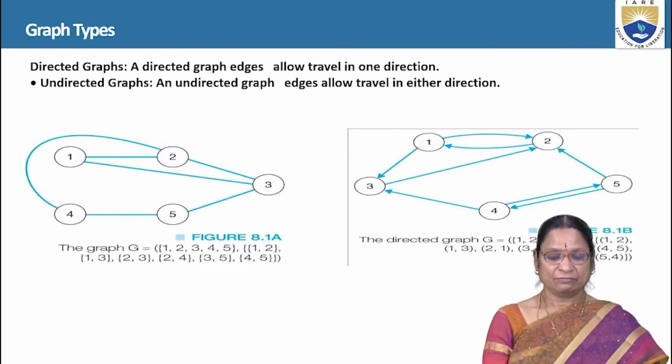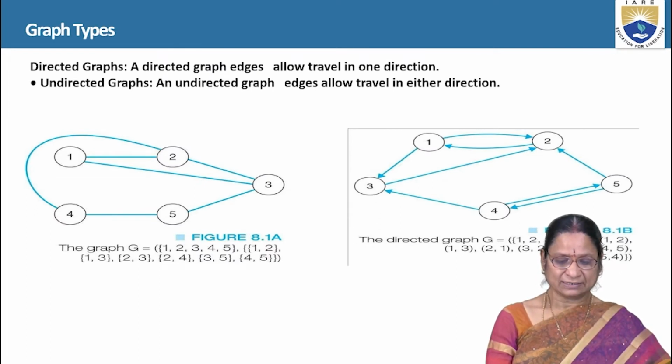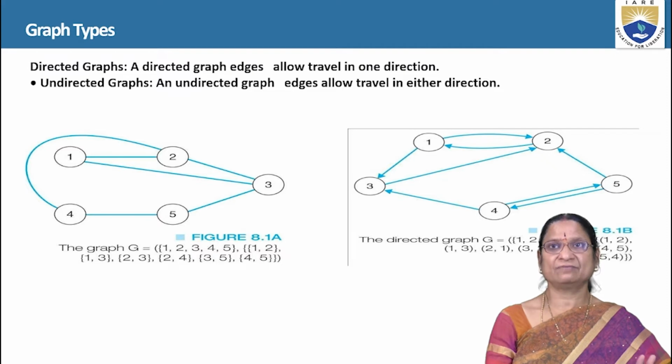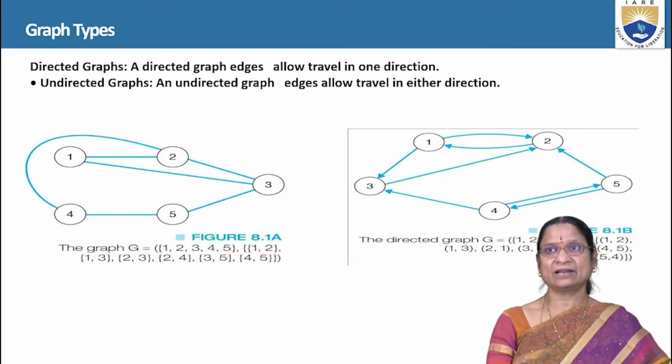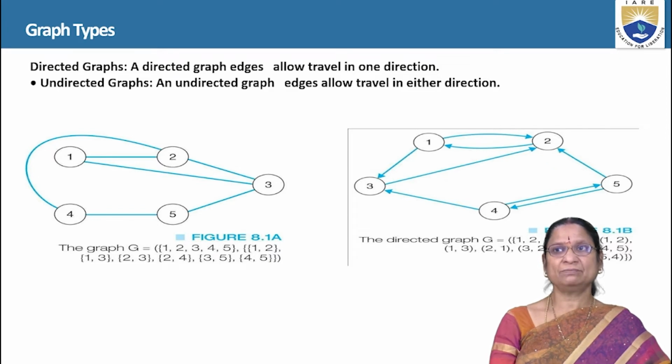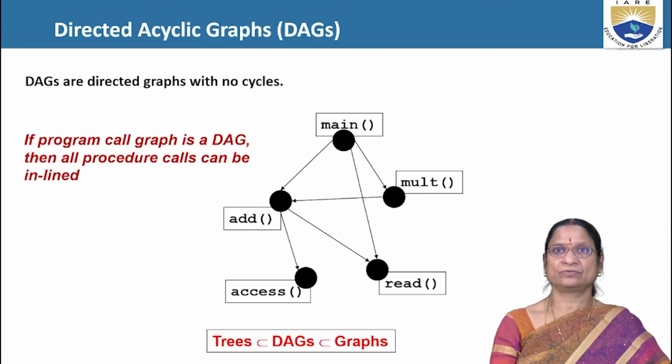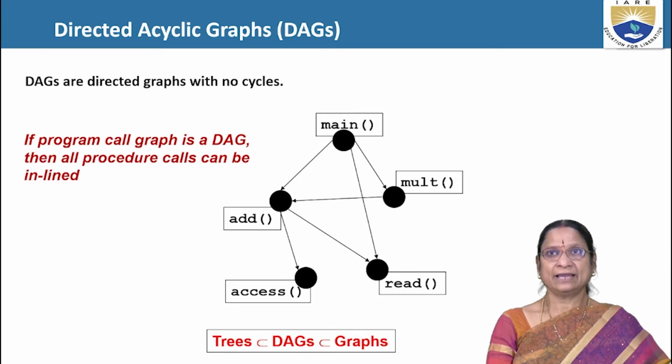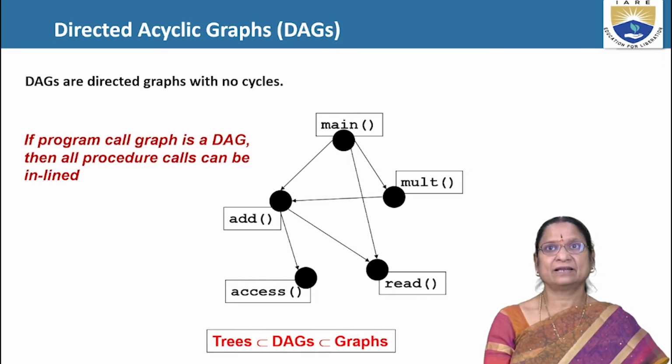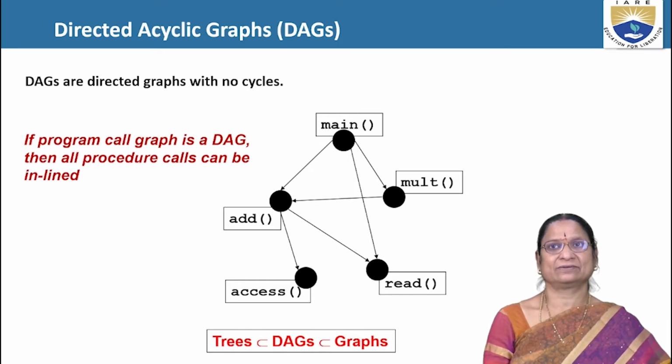Now, one more example is there. Consider the first one is an undirected graph, the second one is a directed graph. So if there is an edge, in case of a directed graph, from 1 to 2, 2 to 1 can be considered as a different edge. And directed acyclic graphs are directed graphs with no cycles.